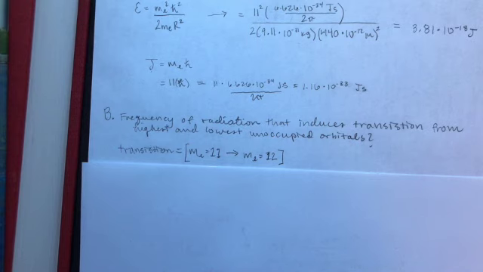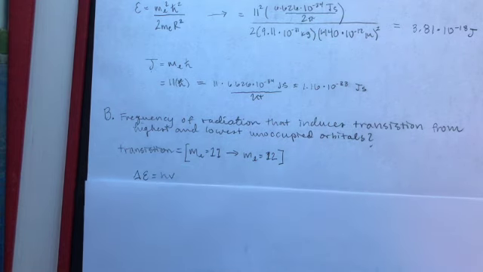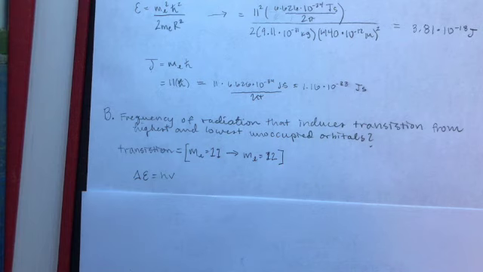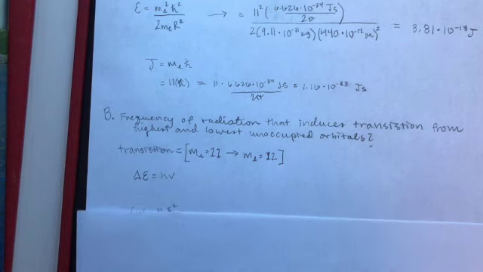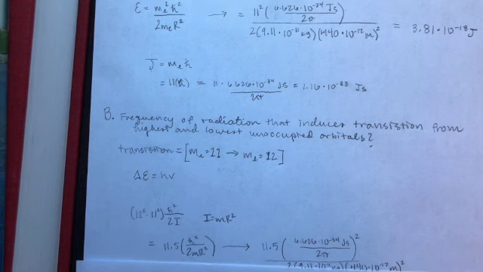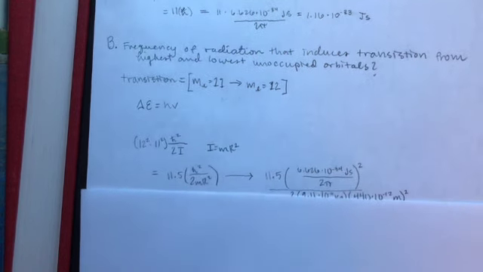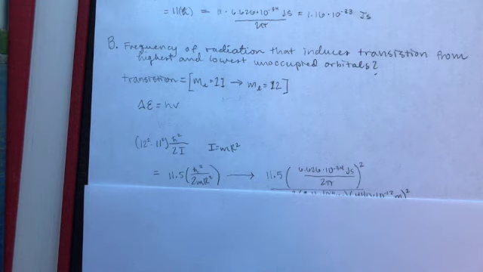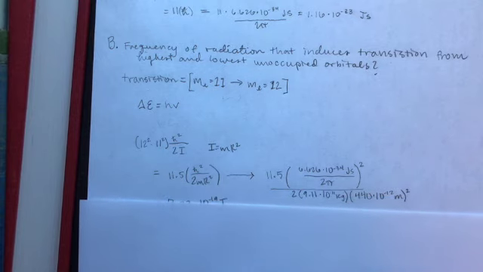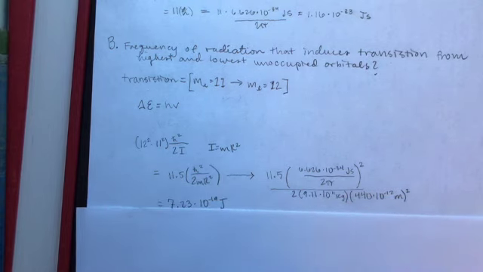So we know our transition is from level 11 to level 12, which would be highest occupied to lowest unoccupied. And we have delta E is equal to Planck constant times the frequency, which after a couple substitutions, we're going to take the difference in squares of the two energy levels and multiply that times h bar squared divided by 2 times the moment of inertia, make that same substitution as in part A, and we get this value here after we plugged in our known values.